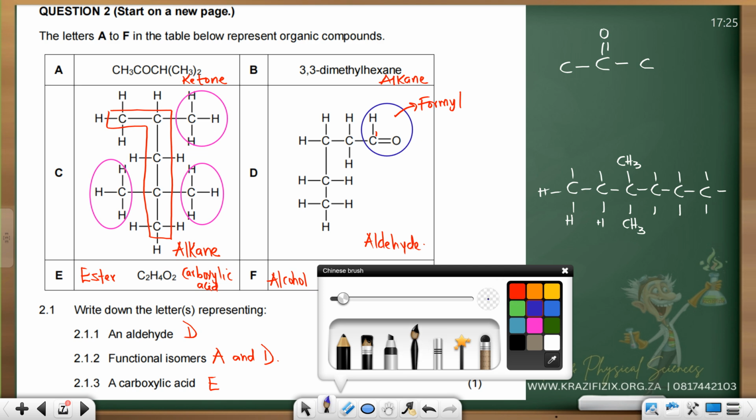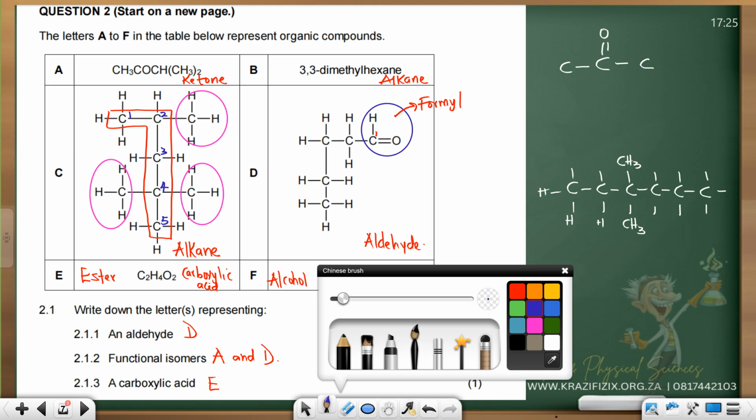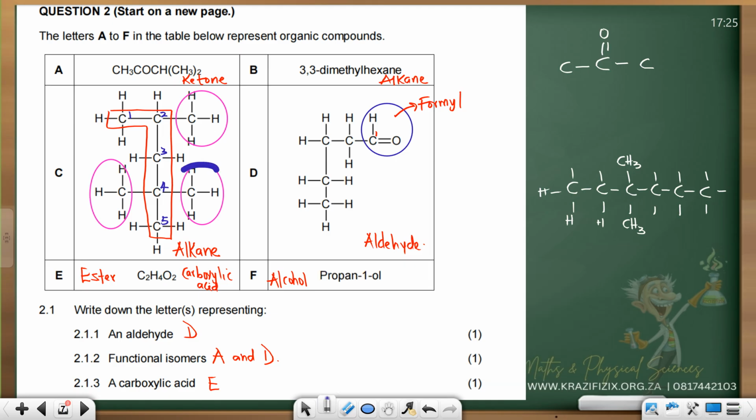If I label this as 1, 2, 3, 4, and 5, that was what you did, and you gave 2,4,4. Those are too big numbers. I would rather go the other way round.